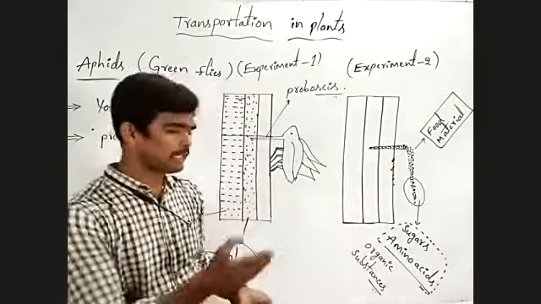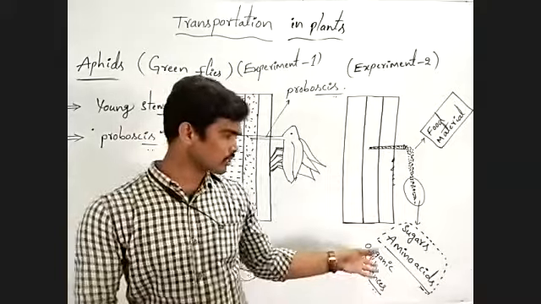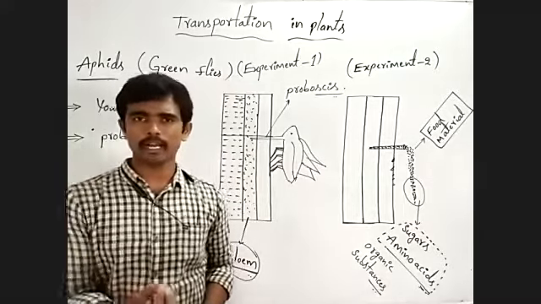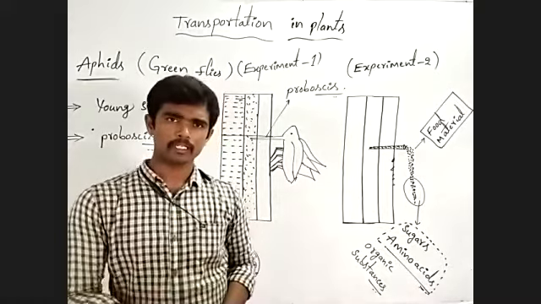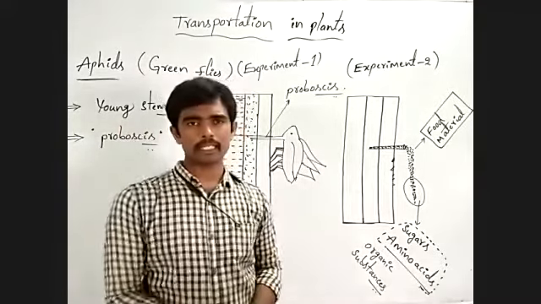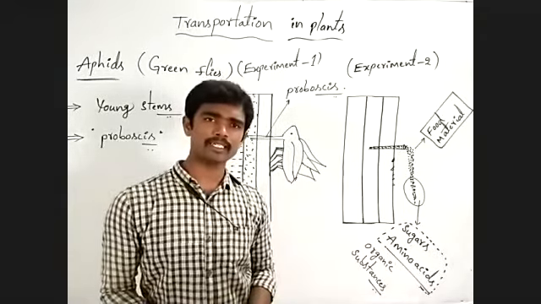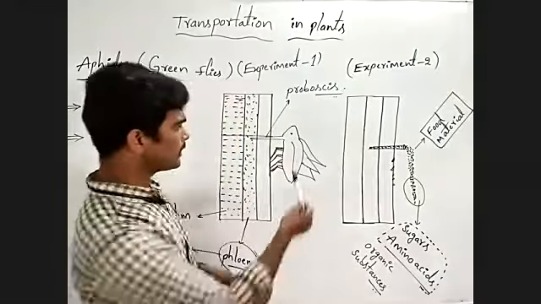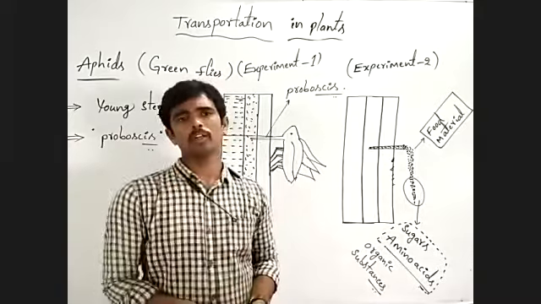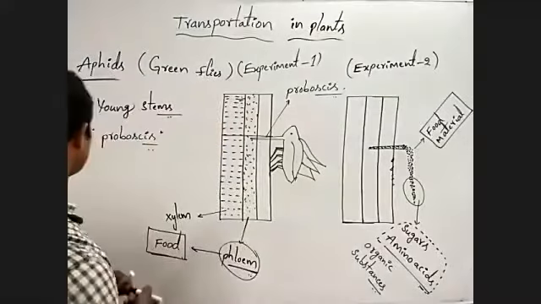That is why we can observe small drop-like structures, or dots of liquid, on the leaves. They are the excreted, undigested materials from the aphids. They are called honeydew.